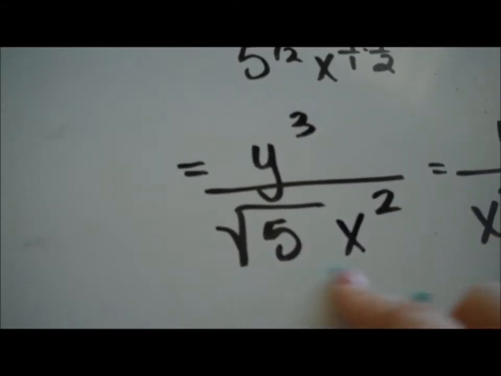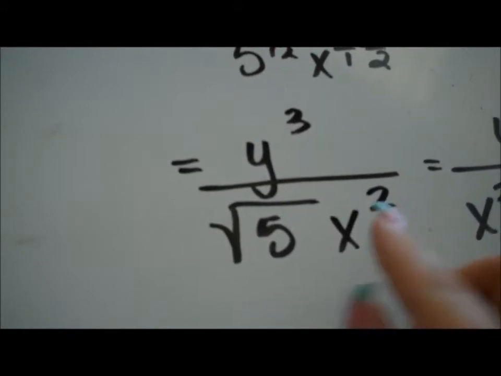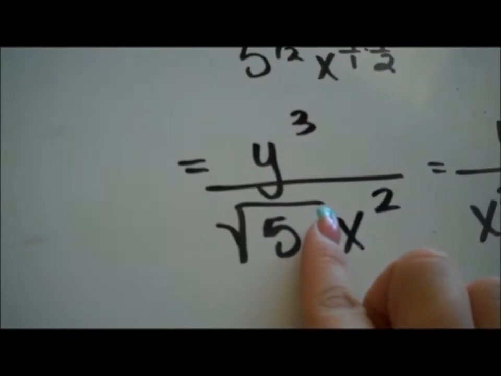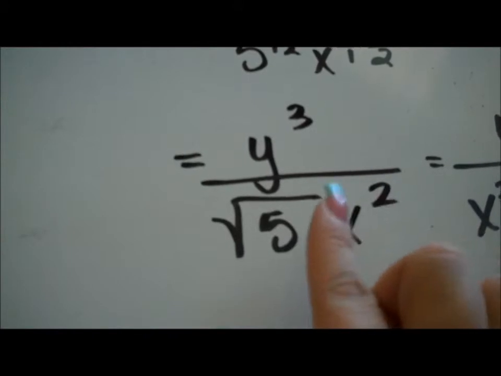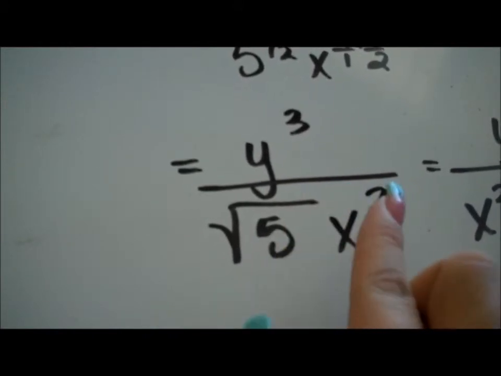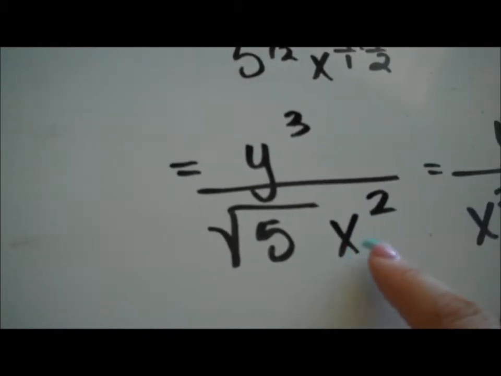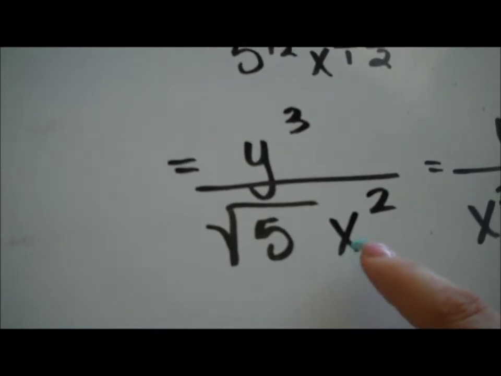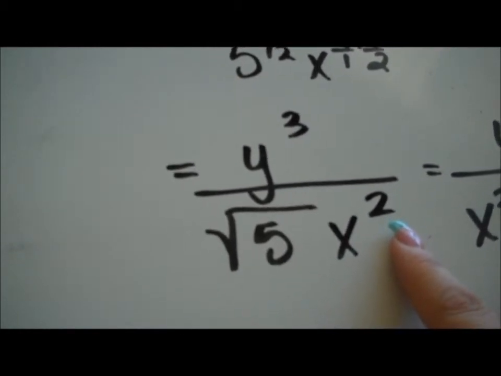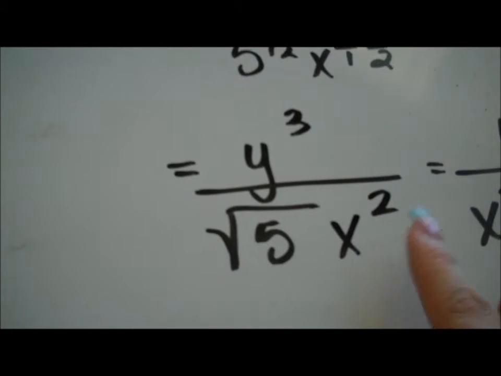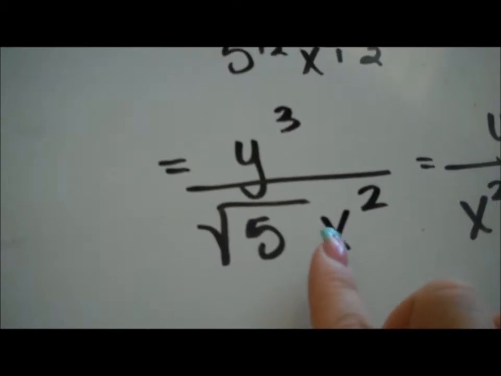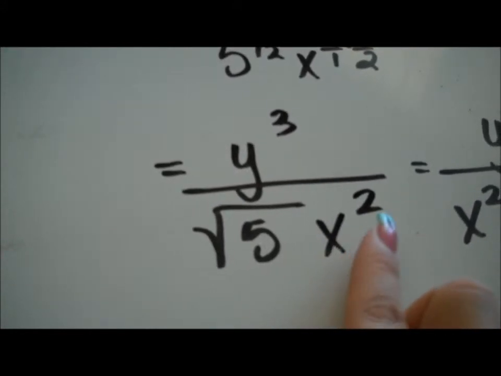So if you enter your answer like this into MyMathLab, please make sure that after you're done with the 5 that you hit the right arrow, meaning that you are done with the radical, and that you want to enter x squared. Do not leave x squared inside of a radical. So again, hit that right arrow key to get outside of the radical to enter x squared.